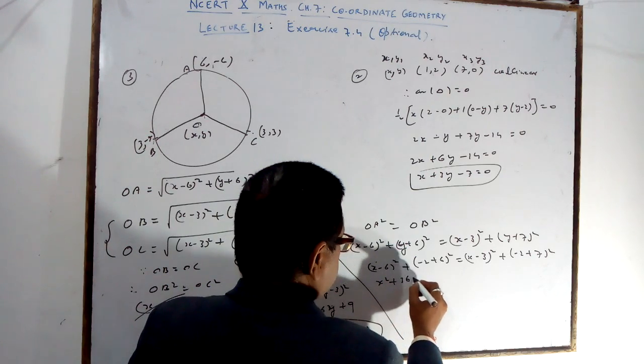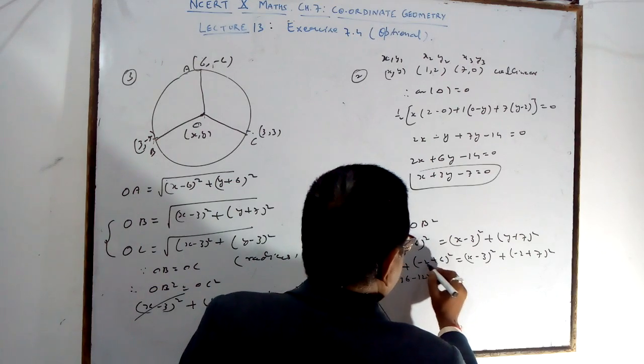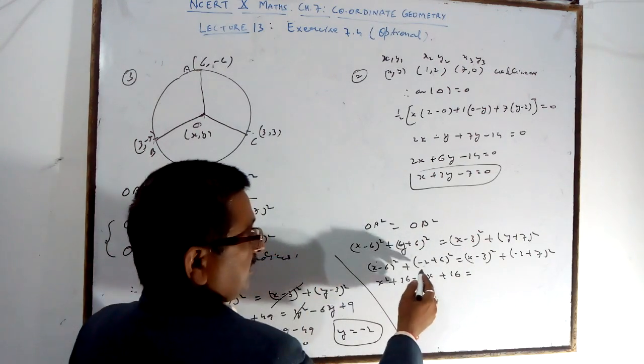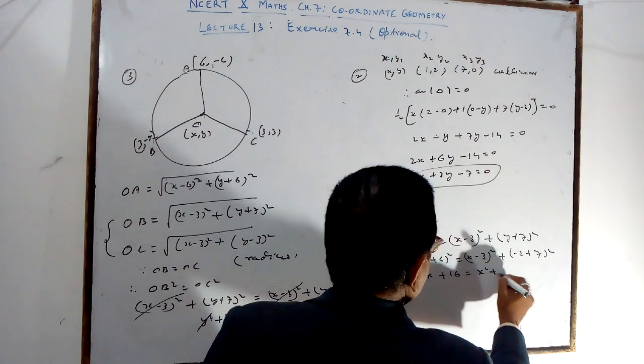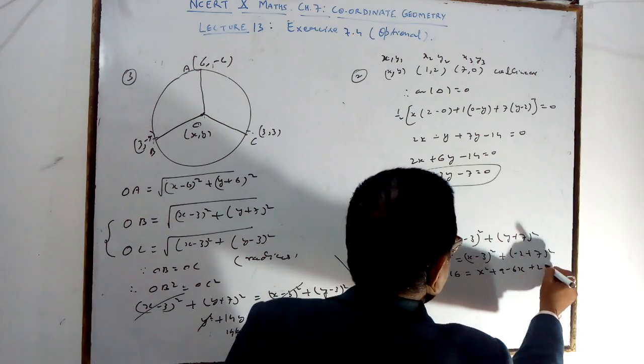X square plus 36 minus 12x, plus 16, since minus 2 plus 6 is 4 and 4 fours are 16. X square plus 9 minus 6x, plus 25, since 5 fives are 25.